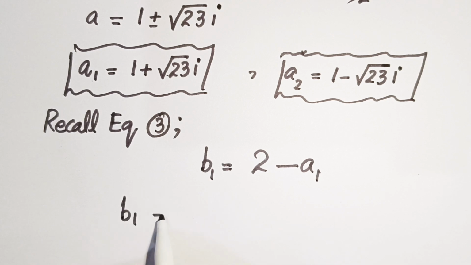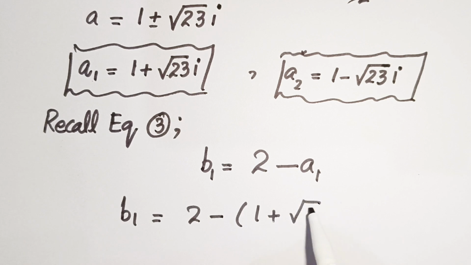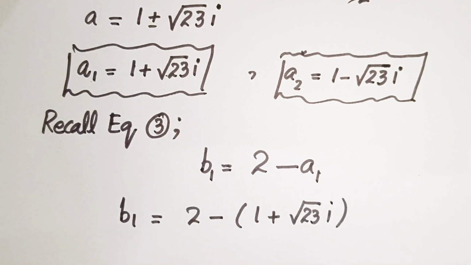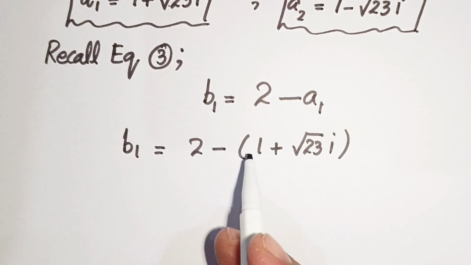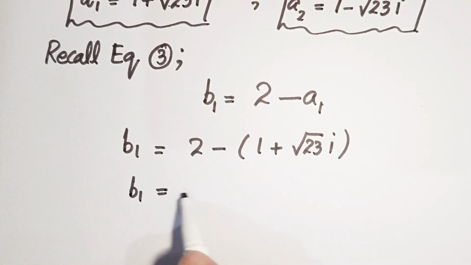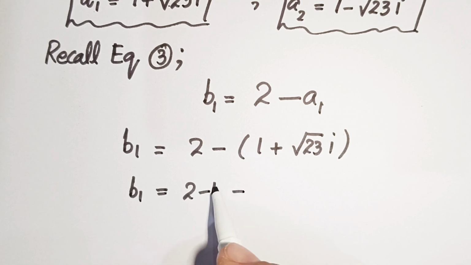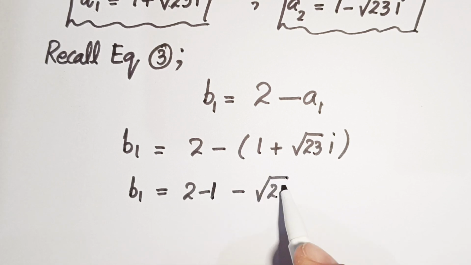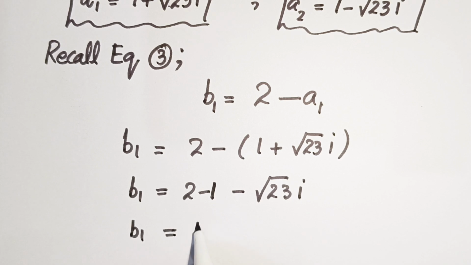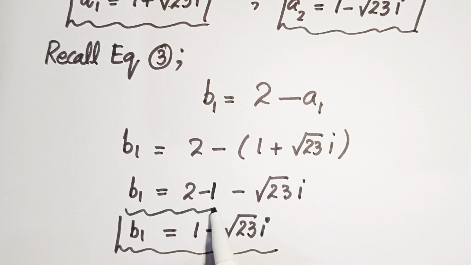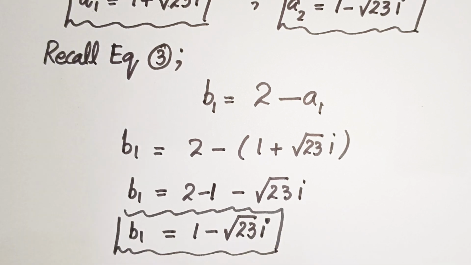So b1 is equal to 2 minus the value of a1, which is 1 plus square root of 23i. Here multiplying this negative sign into the parentheses, we have b1 is equal to 2 minus 1 minus square root of 23i, and here we have b1 is equal to 1 minus square root of 23i. So it is our value of b1 for the value of a1.